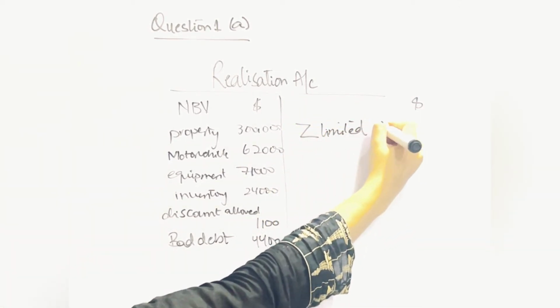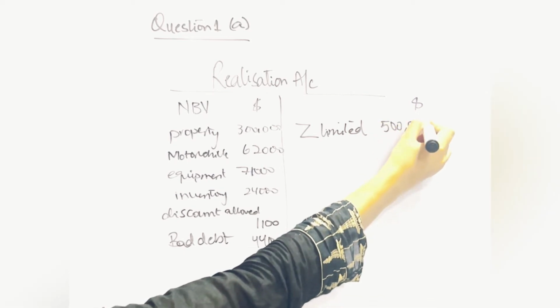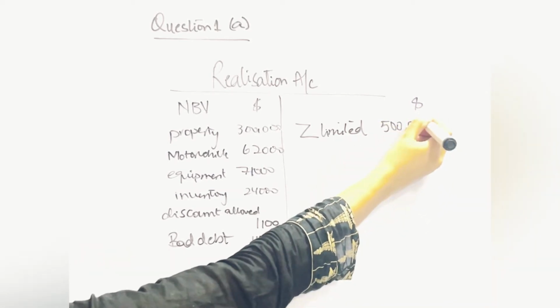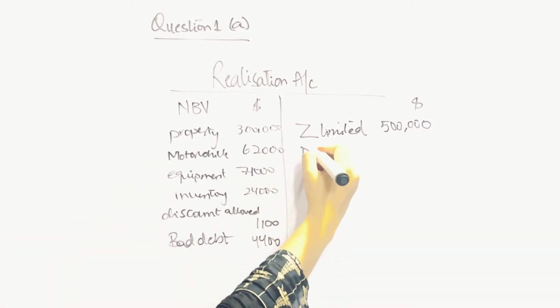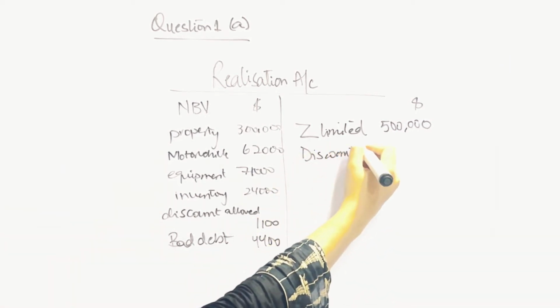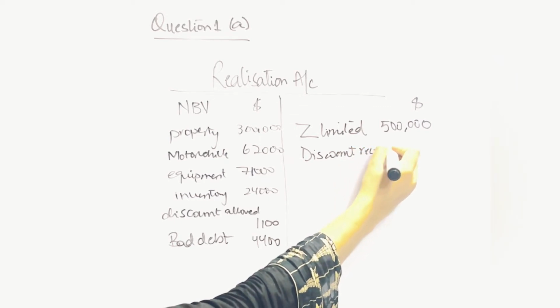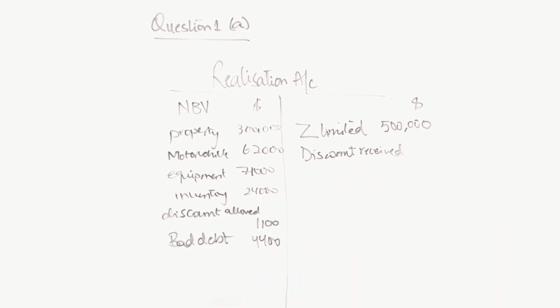The purchase consideration is given as 500,000. Then we have, do we have any discount received? So we are just going to do the working for discount received. We have written allowed. We will be doing the working for discount received.